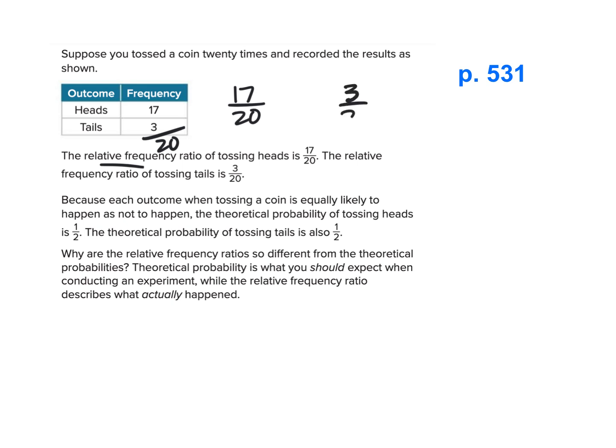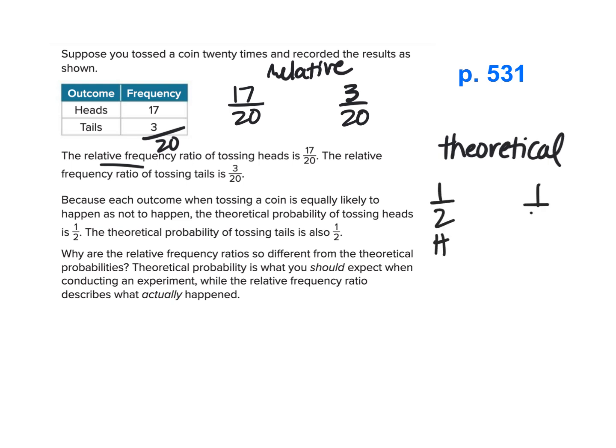Tails is 3 out of 20. That's what actually happened. Theoretical is what should happen. It should have been half the time heads and half the time tails. That clearly did not happen, but theoretical is what you expect to happen.